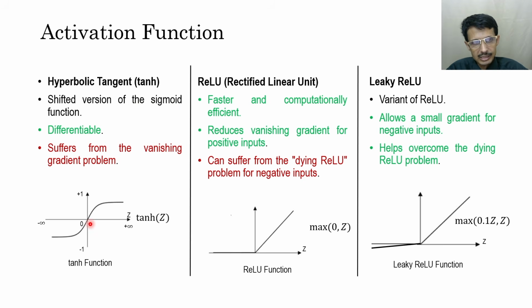It is differentiable, but it also suffers from vanishing gradient. What is vanishing gradient? We'll come to that later. Then next comes the ReLU, the rectified linear unit. This is faster and computationally efficient. It reduces the vanishing gradient problem for positive inputs, but it can suffer from dying ReLU because it becomes 0 if the input is less than 0.